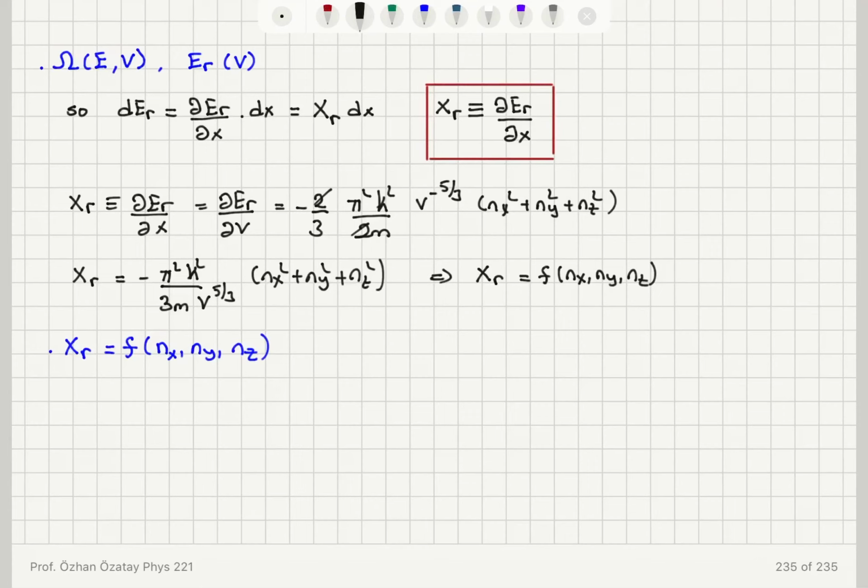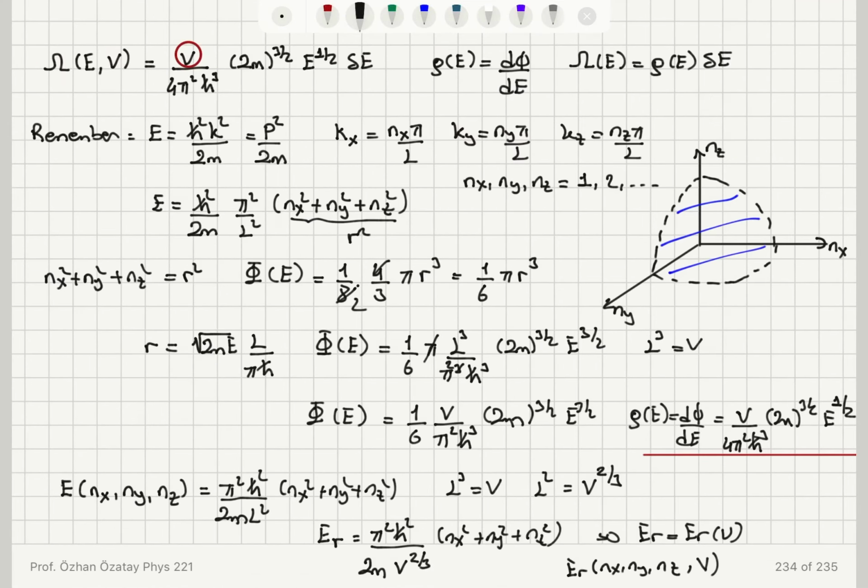All right. So we're going to continue with this discussion in the next video. Basically I wanted to highlight these dependencies in order to see how we can calculate the change in the number of accessible states of the system when you change an external parameter of the system.